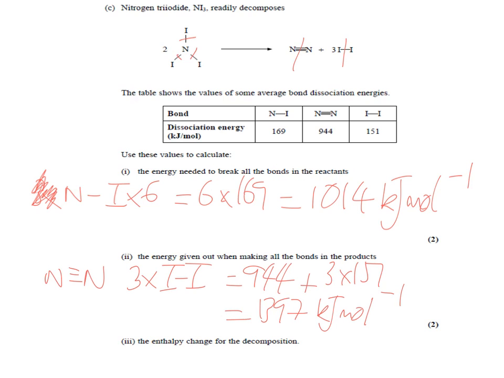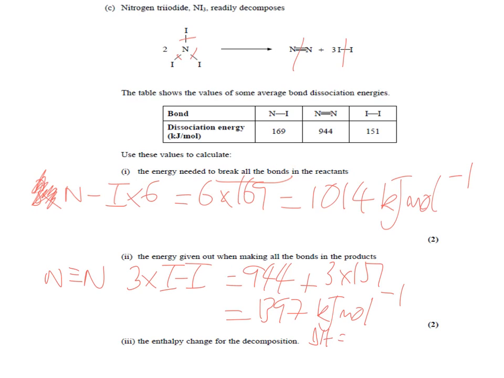And the icing on the cake is to calculate the overall enthalpy change, and as I hope you remember, the overall enthalpy change is the energy required to break all the bonds, minus the energy released when the bonds are made. It's very difficult because my screen has quite a few icons at the bottom, so I can't use the very bottom of the screen.